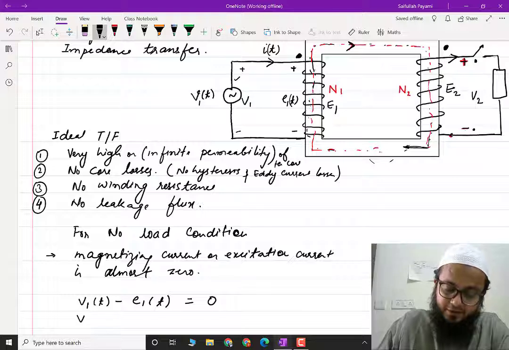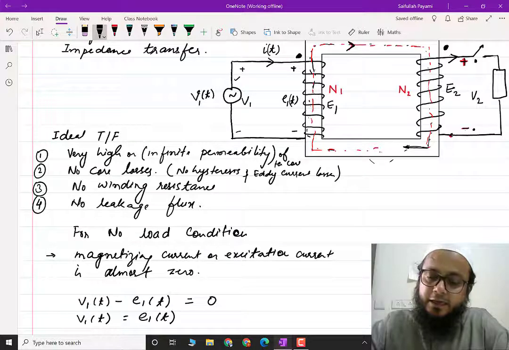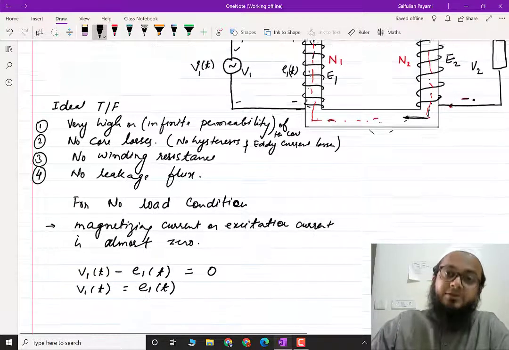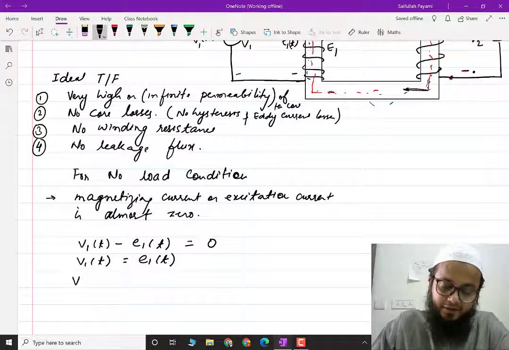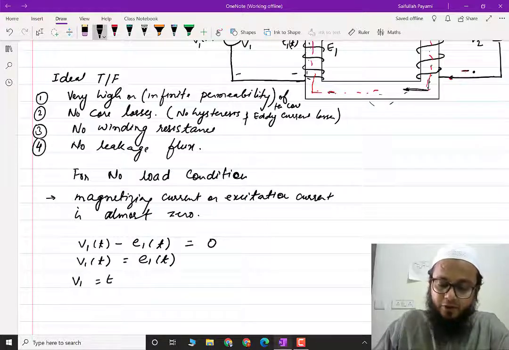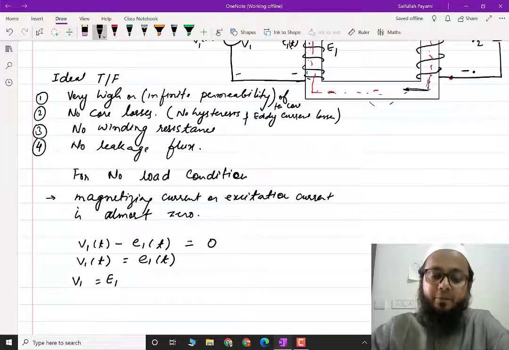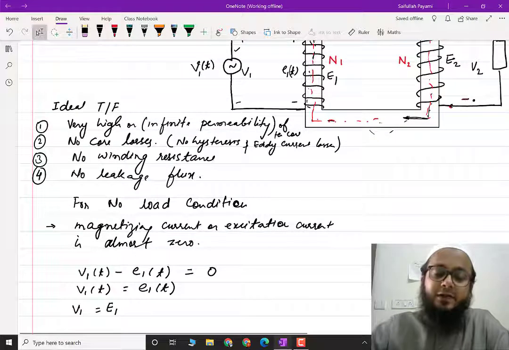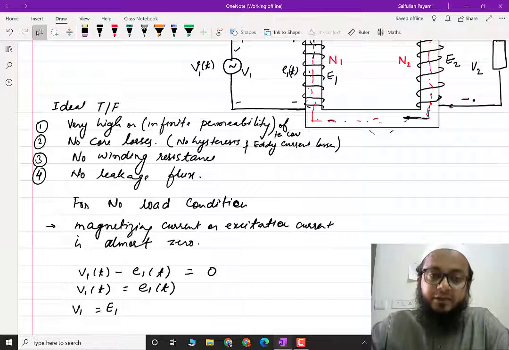That means V1(t) is equal to E1(t). Similarly, in terms of RMS, V1 is equal to E1, because whatever voltage you are applying here, the same voltage is being induced across the coil.